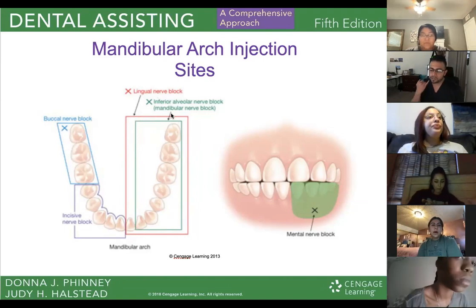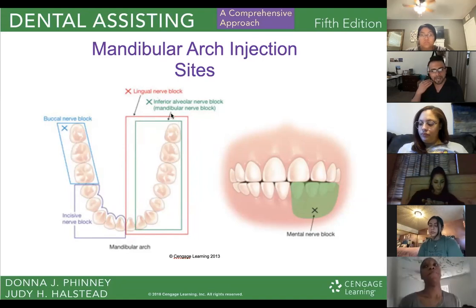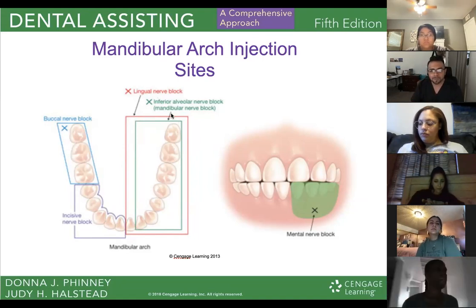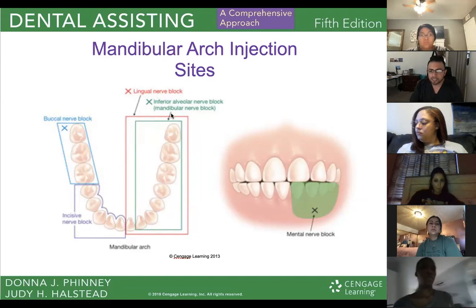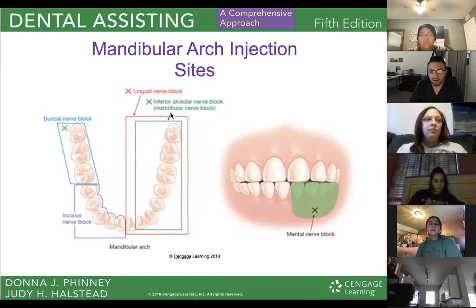If you run your tongue to the very back of the very back tooth, you can feel that pad, which is basically gum tissue. So it's on the lingual side of that.